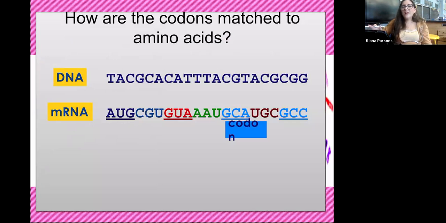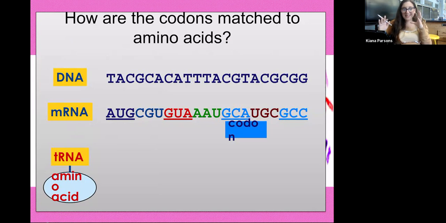So how are the codons matched to amino acids? This is where the tRNA that I keep bringing up actually comes in. So tRNA. tRNA comes in with amino acids attached.